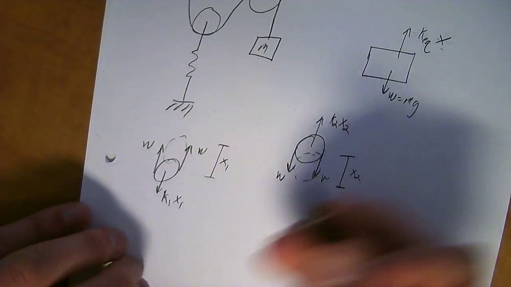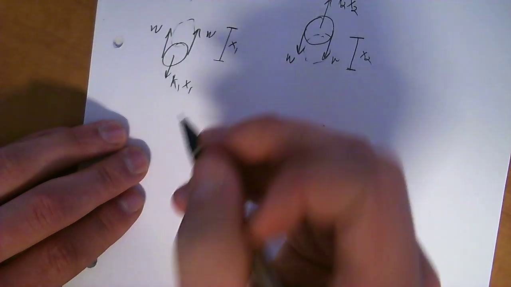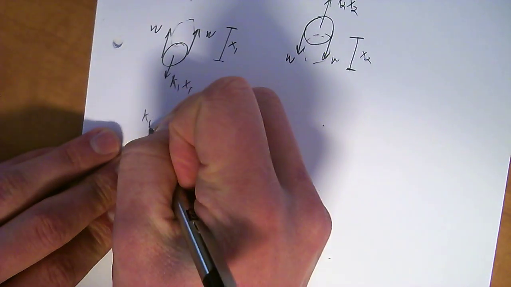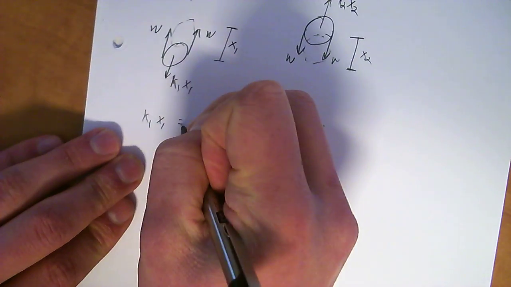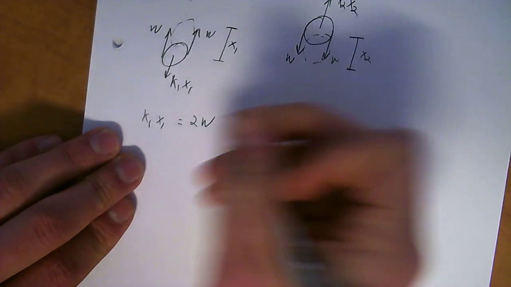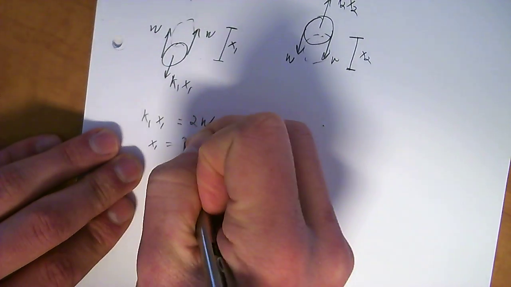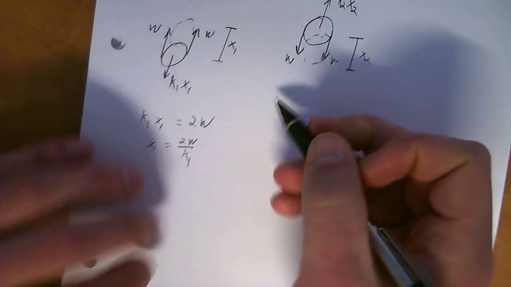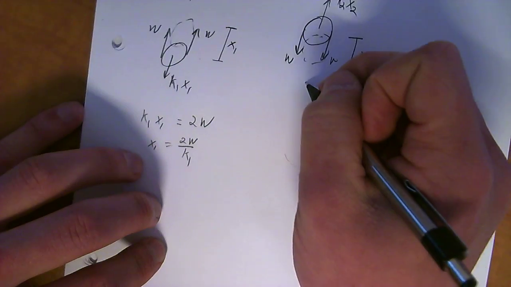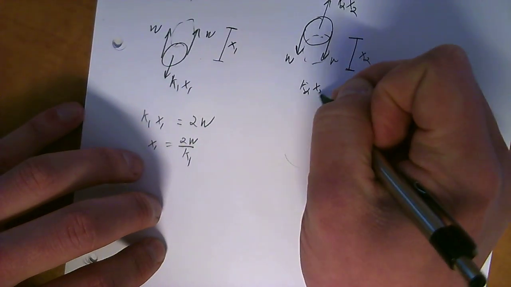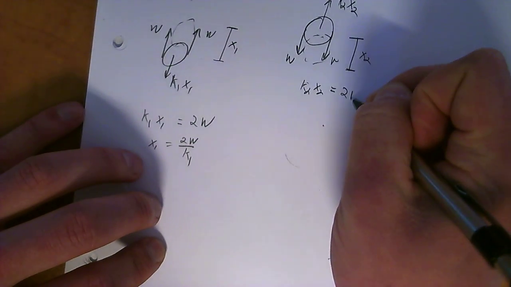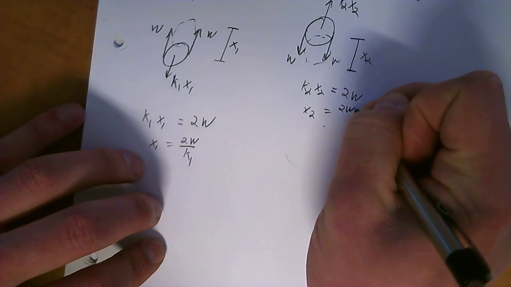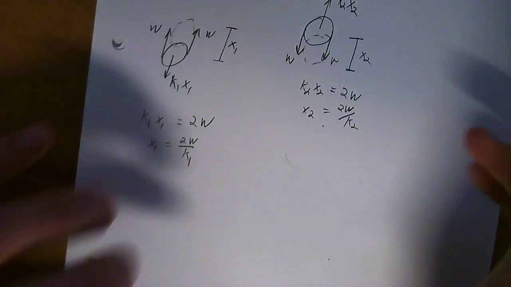Using the equation for force of a spring, or just equating these two forces, K1 x1 is equal to 2w, which is pretty easy. So x1 is equal to 2w over K1. And going back to this one, K2 x2 is equal to 2w, which is the sum of the forces, so x2 is equal to 2w over K2.